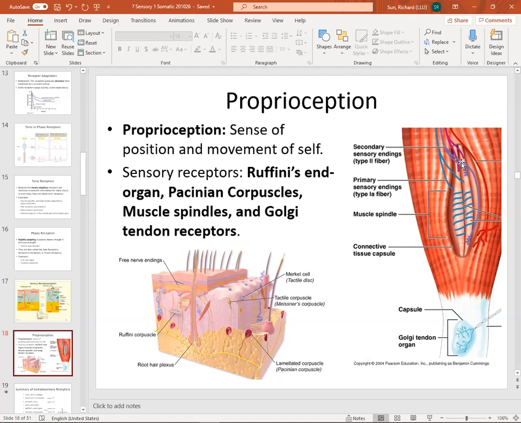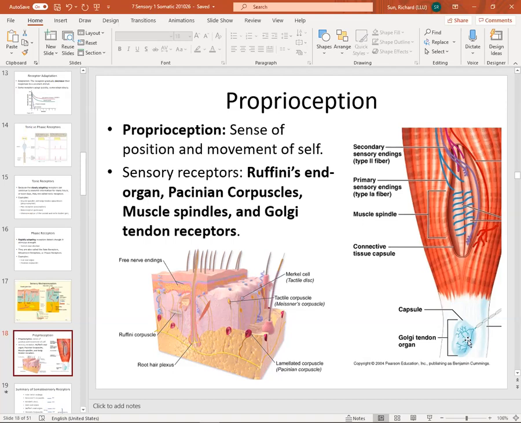So this is the secondary nerve ending of the muscle spindle. This is the primary nerve ending of the muscle spindle. This one is slow adapting, so that our brain would know where our muscle is and how tightly our muscle is contracting.